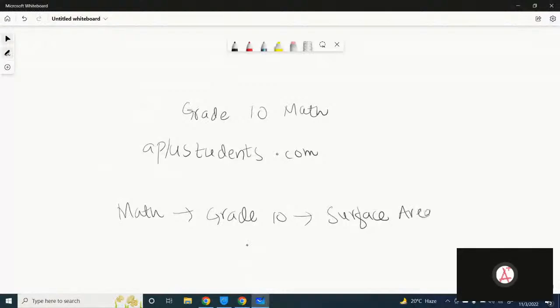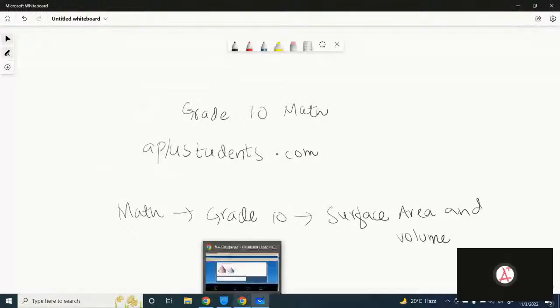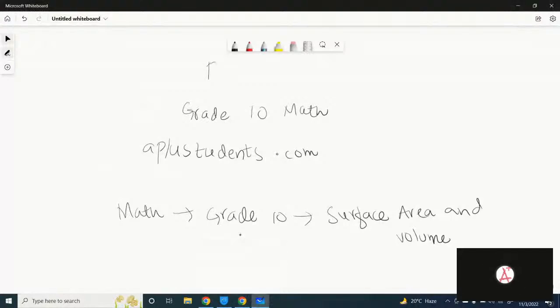We're going to start with surface area and volume. We are already working on the chapter surface area and volume, so we are going to start with the final test of the topic. Got it?